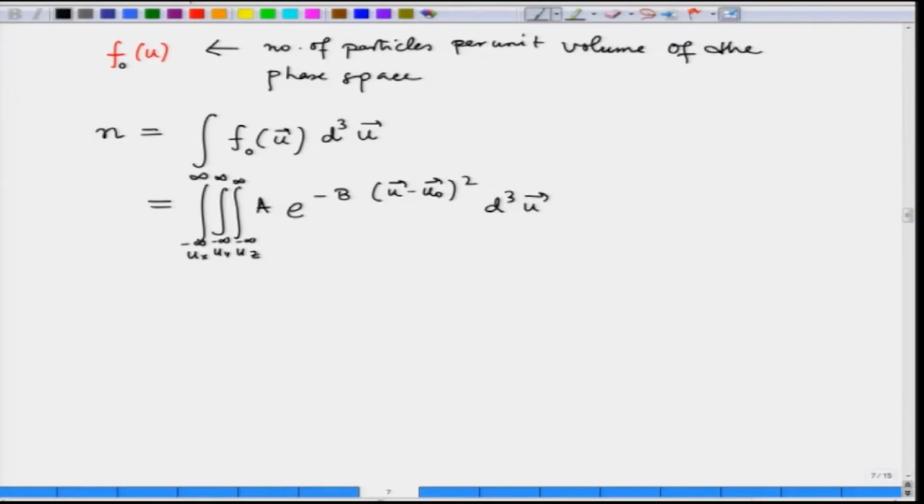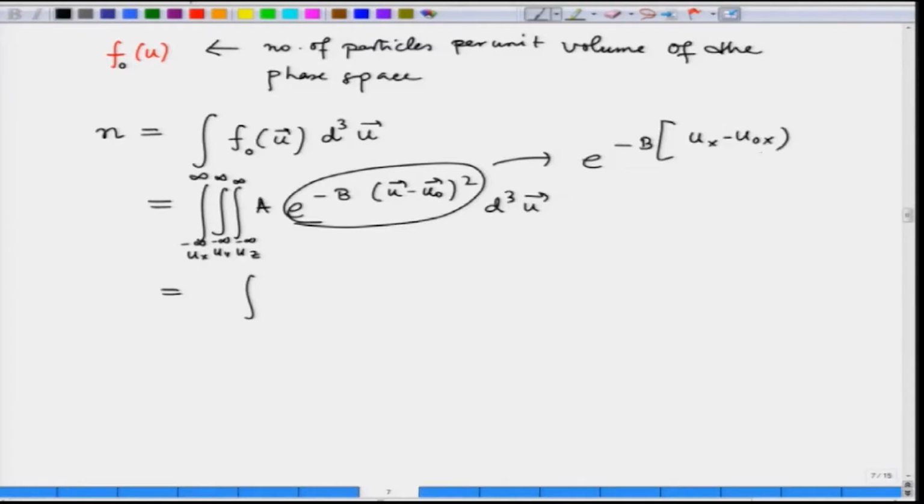Finally this can be written as e to the minus b times (ux minus u0x) square plus (uy minus u0y) square plus (uz minus u0z) square, the summation over the index.